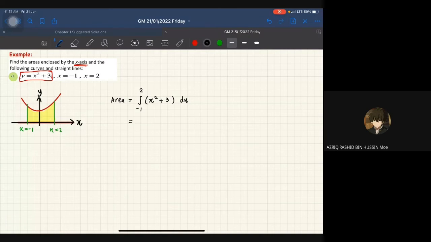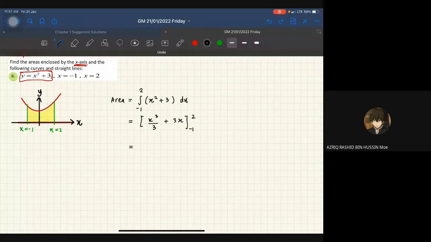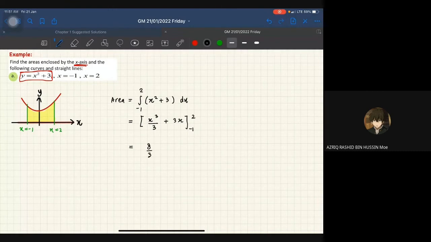You will get x cube over 3 plus 3x. Make a box and put your lower limit and also upper limit. Oh sorry, the upper limit is 2. Okay, so we substitute the values. 2 to the power of 3, you get 8, so 8 over 3, and then plus 3 times 2, you get 6.